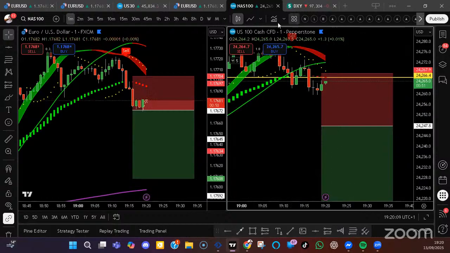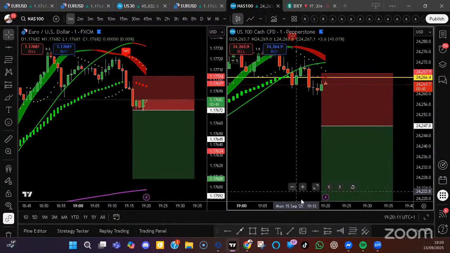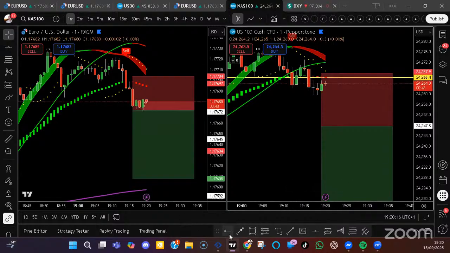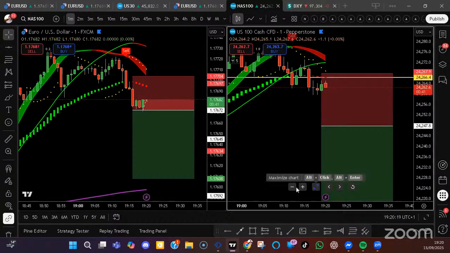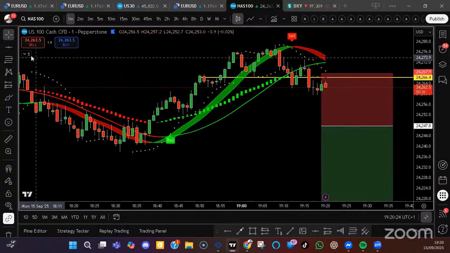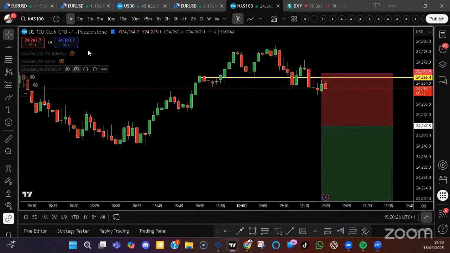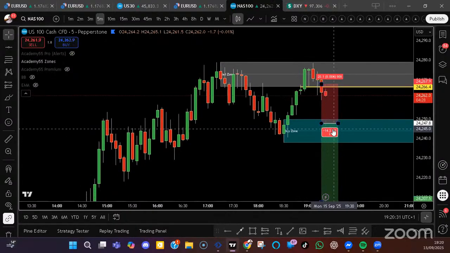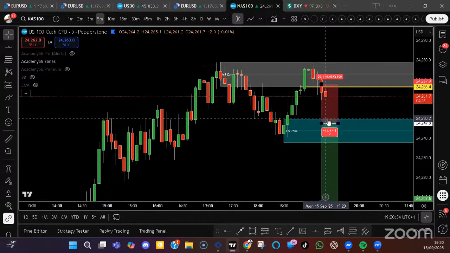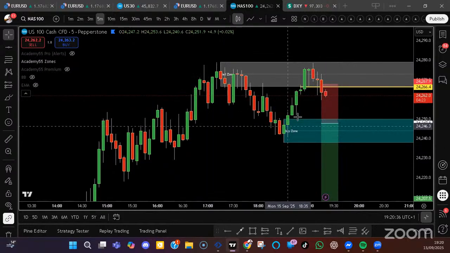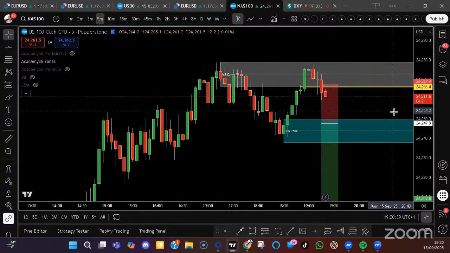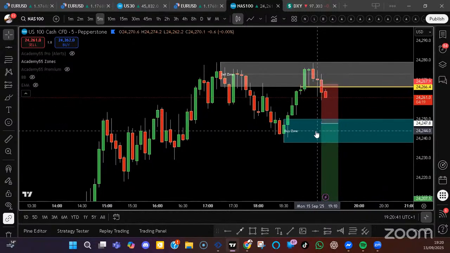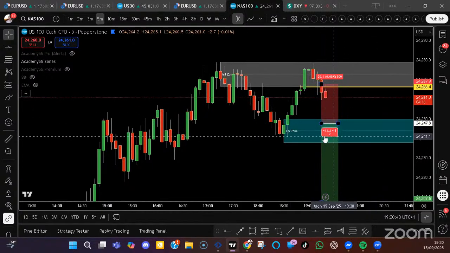This is interesting. If I go on the NAS 100 a minute, we've already got that marked up. We're already in that trade, so it doesn't make any difference. But if I take the indicators off, go on the 5-minute time frame, now you can see a buy zone has taken place here. So it's following the fact that we've got sideways movement. You wouldn't want to be taking a sell now because you'll be in the buy zone.